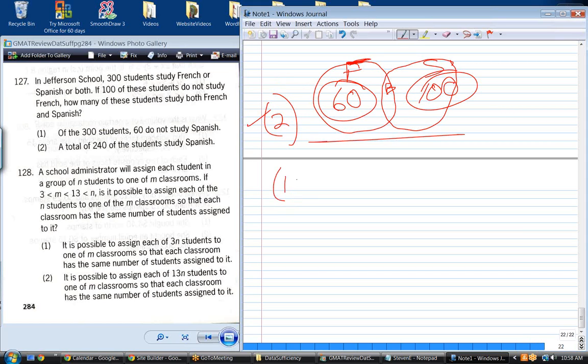Let's look at 1 alone. 60 do not study Spanish. That means that's 60. That means that 240 do. Well, we still know that 100 do study Spanish, so number 1 gives us exactly the same information that number 2 does.